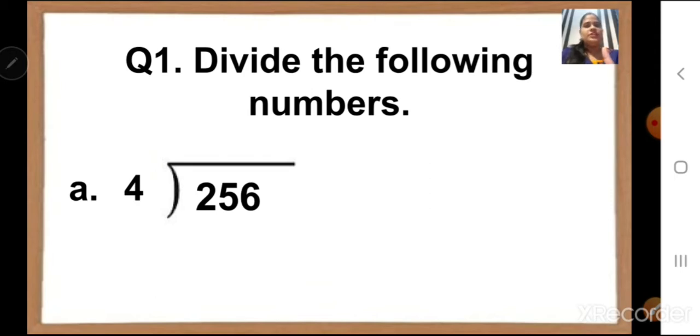In division, children, remember the dividend is the first one. Okay, then divided by the divisor, which is number 4. So if it is given this way, we say it as 256 divided by 4. Write the question in your notebook.